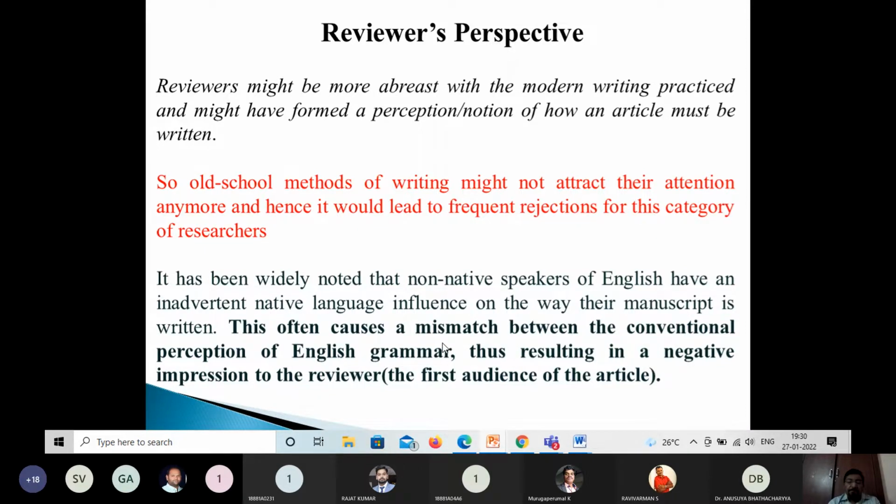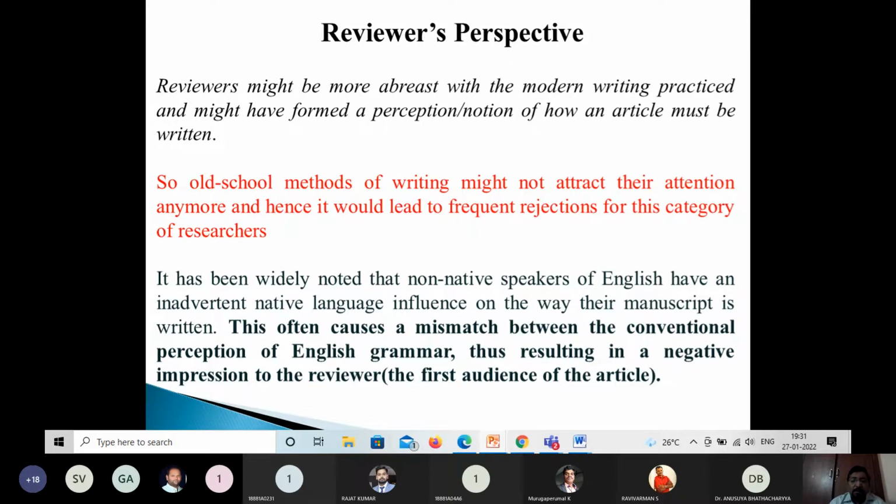Most of the papers which get rejected are, though technically sound, not conveying the idea because the medium is English. So we need to concentrate more on this particular part. That is the reason why I said that during proofreading, we need to highlight the English part.